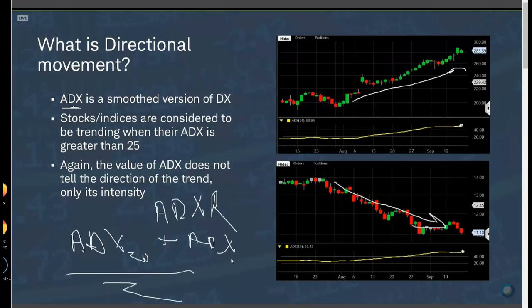That would be ADXR. And if ADXR's value is greater than about 20, the stock is generally considered to be trendy. Now, just knowing about ADX is already a useful tool if you're looking for nicely trending stocks. It is a way to find them.